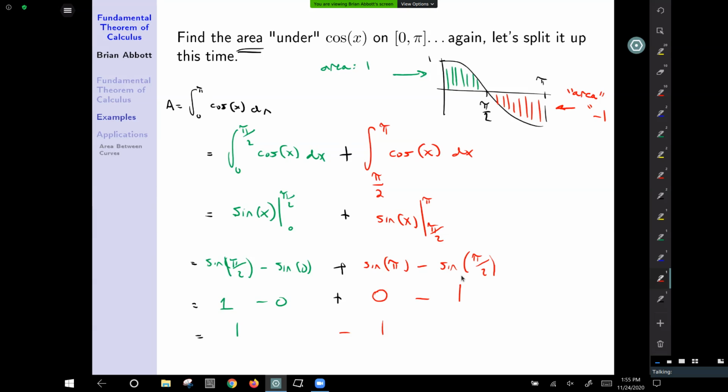And you could see that the actual area trapped by cosine of x and the x-axis is equal to 1 plus 1. We're going to stop this example here.